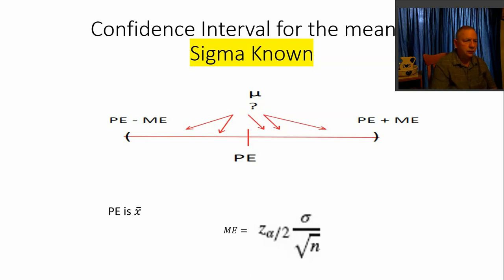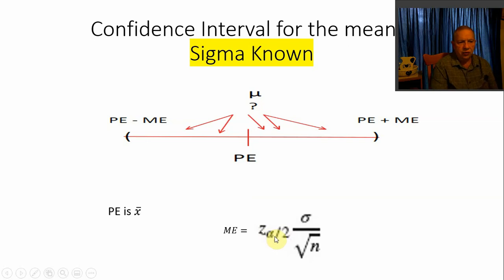Okay. So here's the mean, point estimate. The population mean is going to live in here. The interval for the mean where sigma is known uses X bar as the point estimate, and then your margin of error formula. This is what I told you, that you've got to make sure it matches whatever information you have.